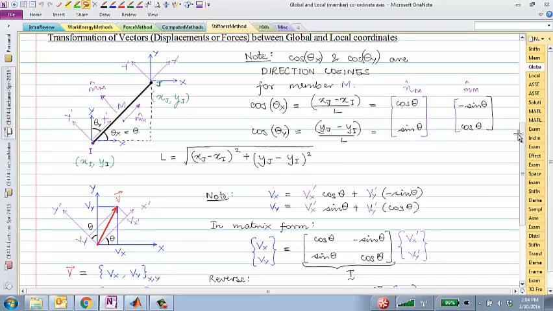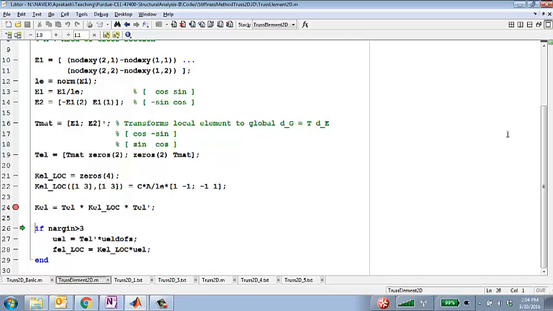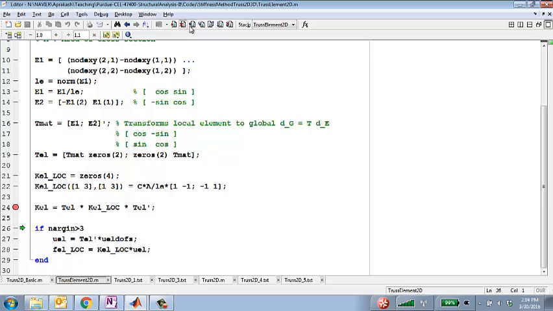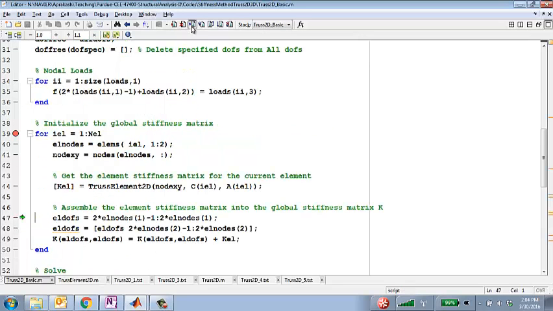So that's why this element stiffness matrix in the global coordinate system has non-zero entries that get shifted just by one row and column. So that's for element 1. Keep going and go to element 2.